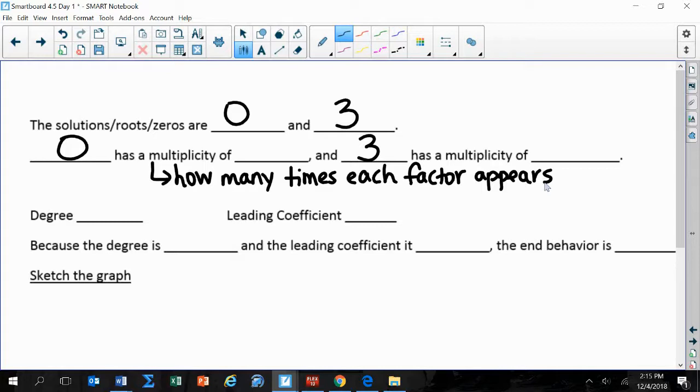So how many times did the factor x appear? I guess it was not just x, it was 2x. How many times did that factor appear? Just once. And how many times did the factor x minus 3 appear? That would be twice.